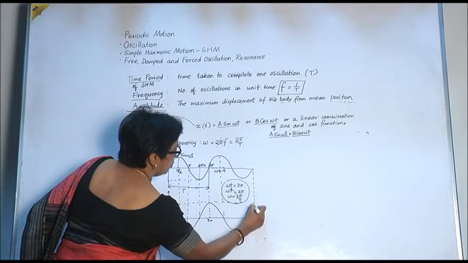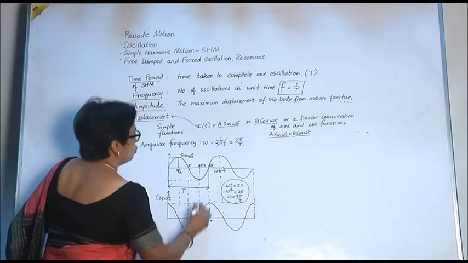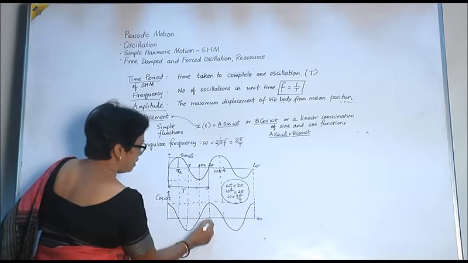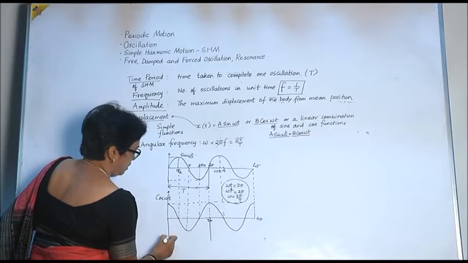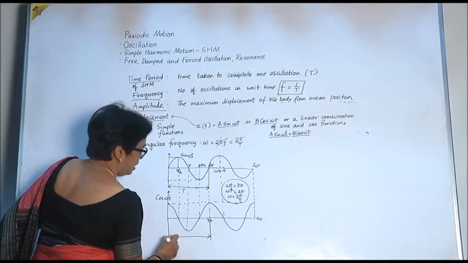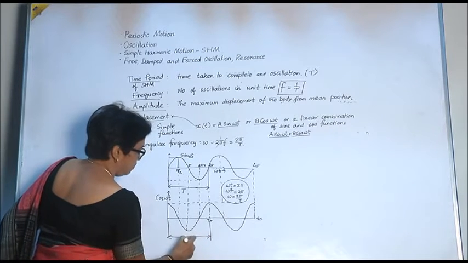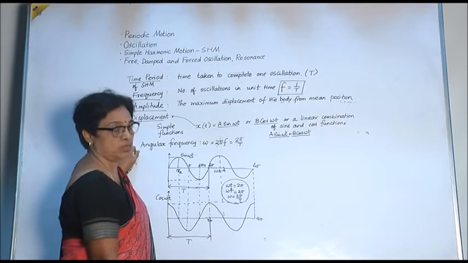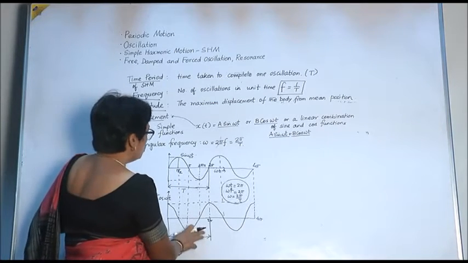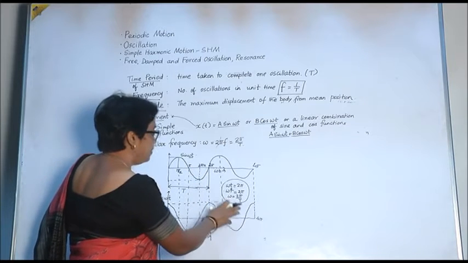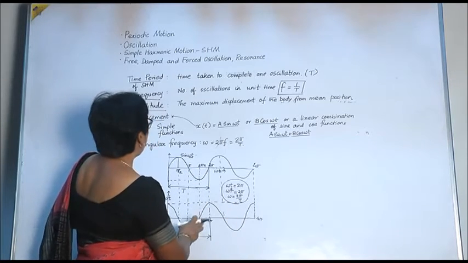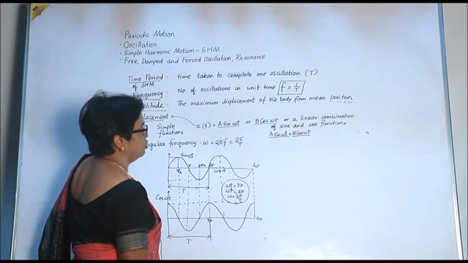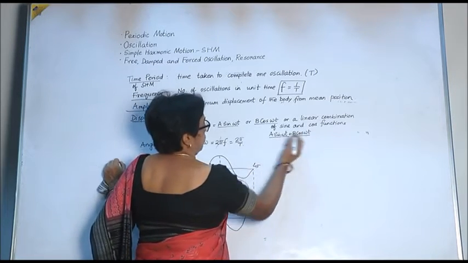I have drawn from 2 pi to 4 pi. So you see that from here to here, this motion is repeated. So this time interval is its period, the time period. So cos function and sine function are periodic functions, and our simple harmonic motion can be represented by these functions. Now what about this one?